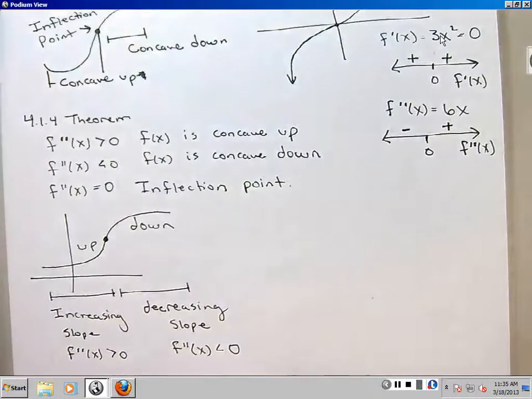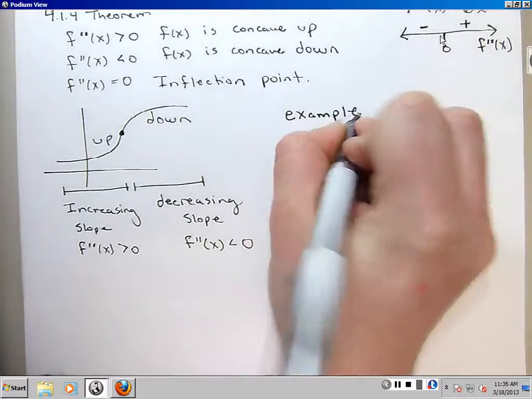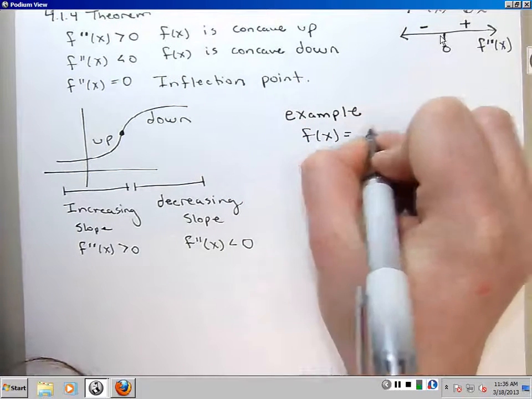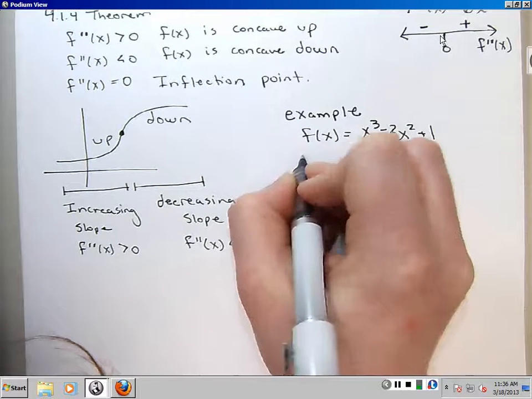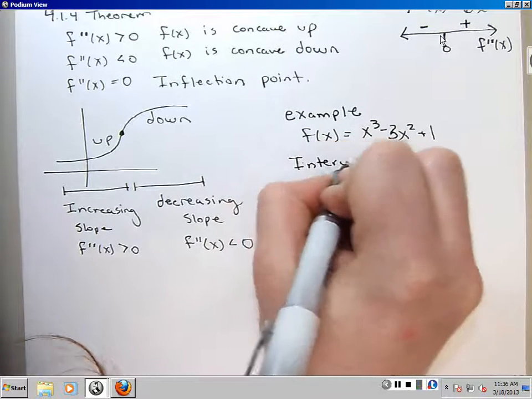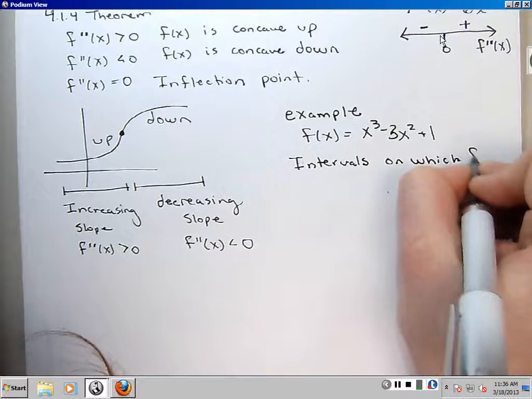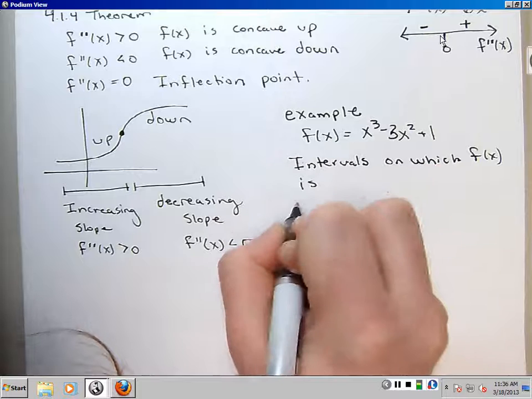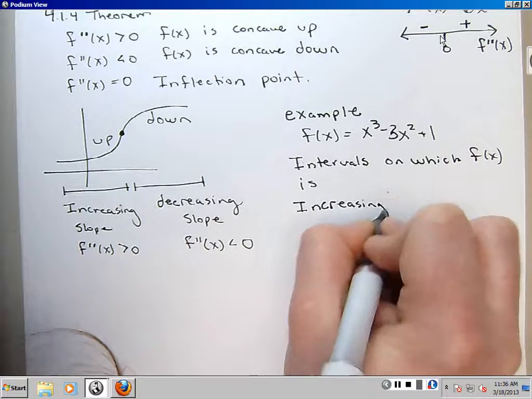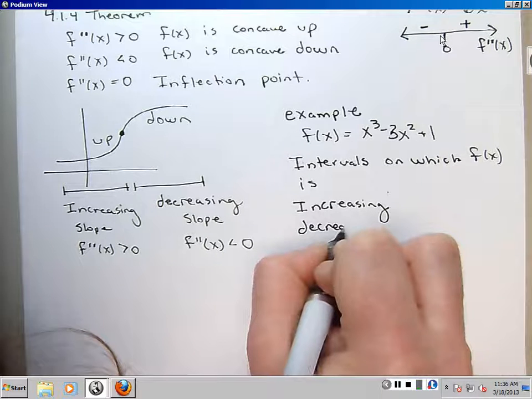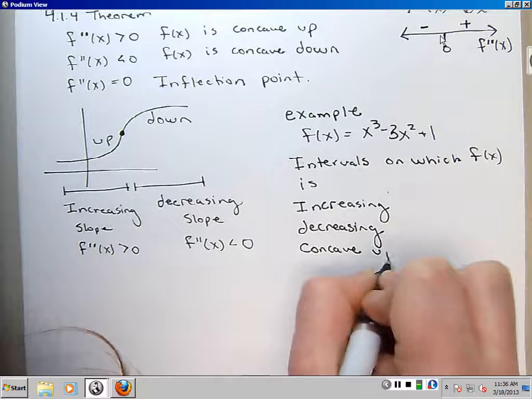Okay, so we have the function f of x equals x cubed minus 3x squared plus 1, and I'm asking you for the intervals on which f of x is increasing, decreasing, concave up, and concave down.